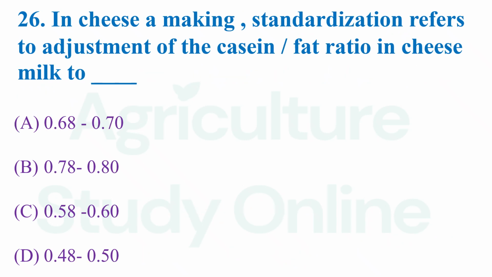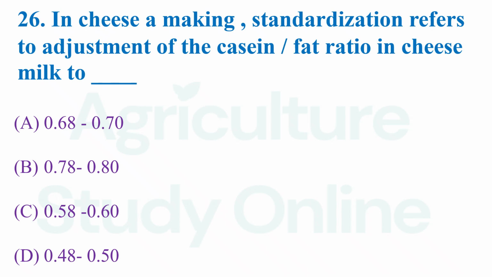Question number 26. In cheese making, standardization refers to adjustment of the casein fat ratio in cheese milk to dash. In cheese production, standardization is a process to adjust the casein to fat ratio in milk to ensure good cheese consistency and yield, desirable texture, firmness, and proper moisture and fat content.